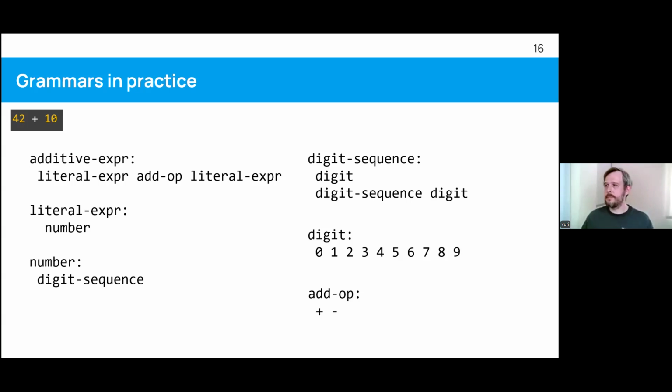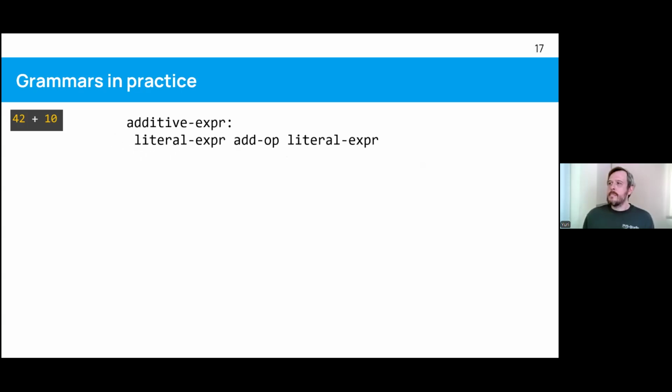So let's look at it more closely. Right now we only have literals, and our grammar only allows us to write code which consists of expressions of one expression, which says number plus number or number minus number.